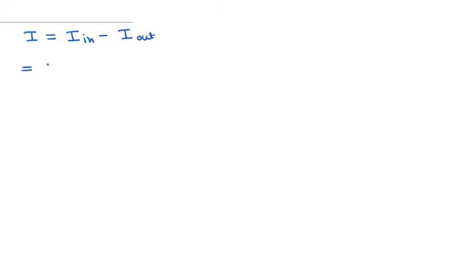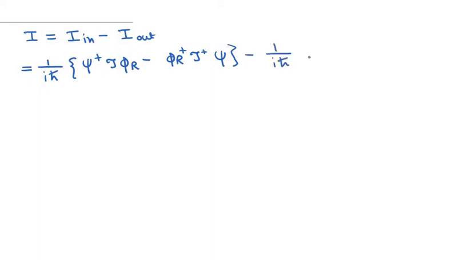I write again, this is equal to 1 by i h bar psi dagger tau phi r minus phi r dagger tau dagger psi, minus 1 by i h bar x dagger tau dagger psi minus psi dagger tau x.